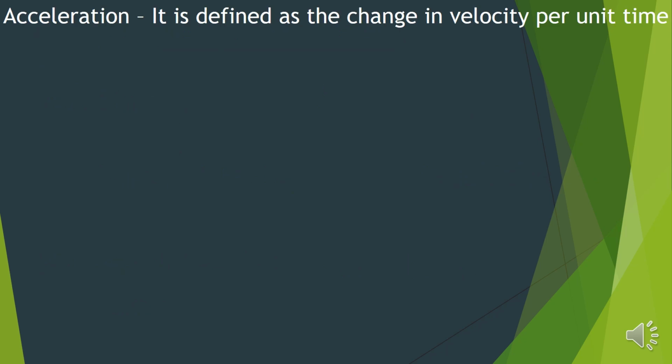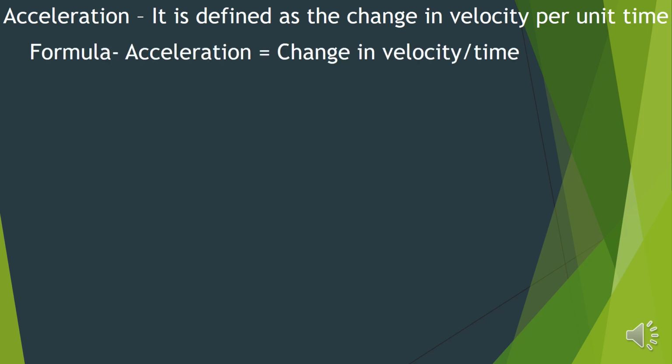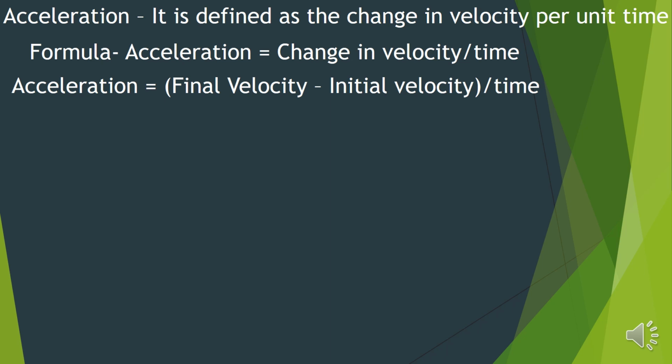So acceleration is defined as the change in velocity per unit time. How do we write the formula for it? Acceleration equals change in velocity by time. Change in velocity can be written as final velocity minus initial velocity.